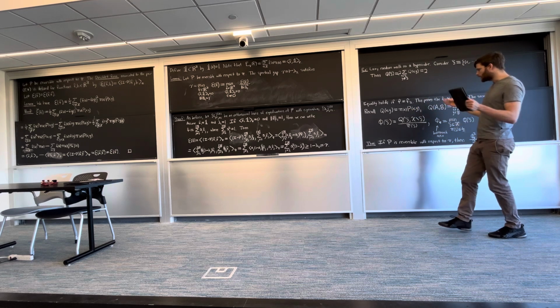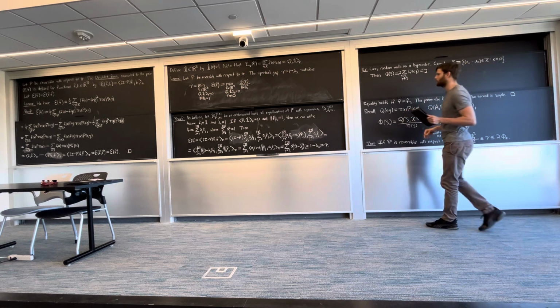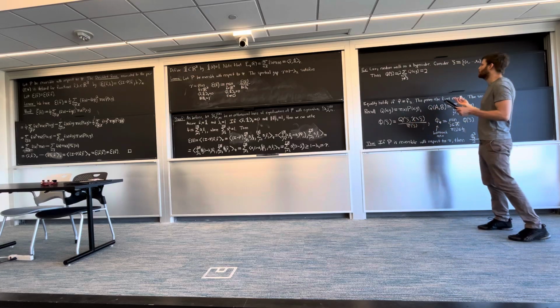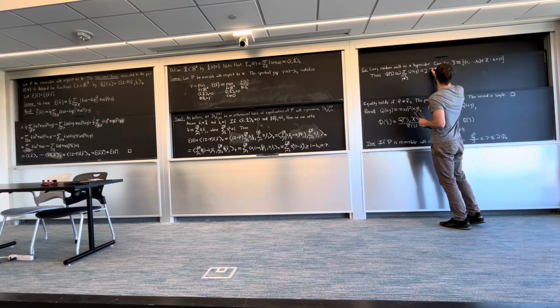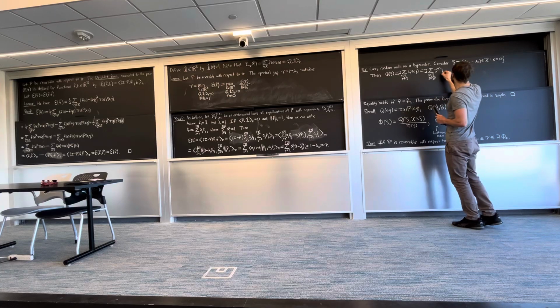Again, pi is uniform, and there are 2 to the n states, so pi of x for any x is just going to be 2 to the minus n. So we have a sum over x in S and y not in S of 2 to the minus n, and then P of x, y.